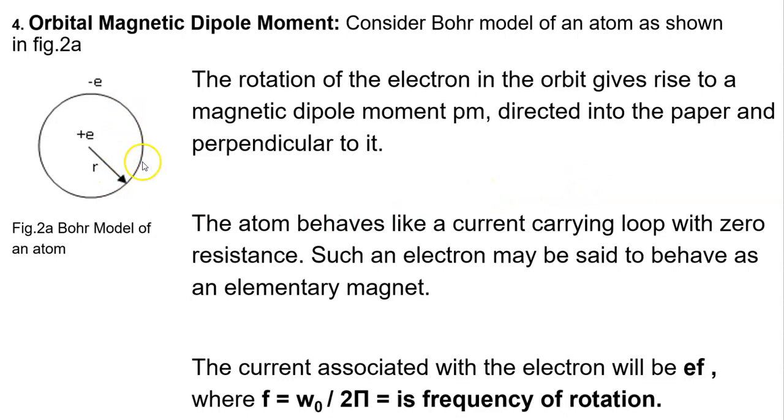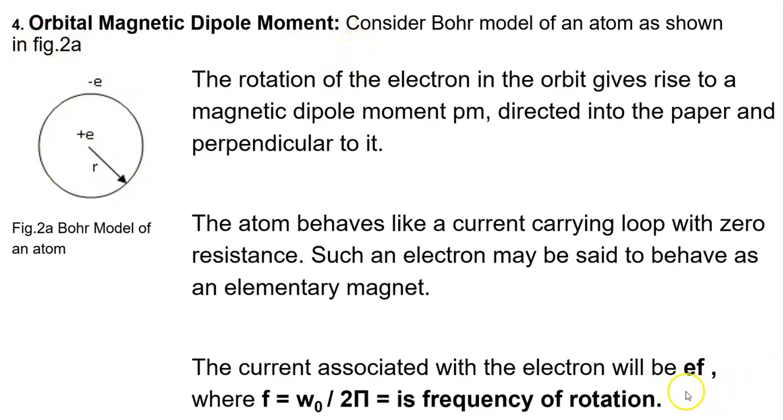So when electrons move in an orbit, it is nothing but an electronic current, and as it is a current, it will also produce magnetic flux. Whatever dipole moment is constituted will be called the orbital magnetic dipole moment.